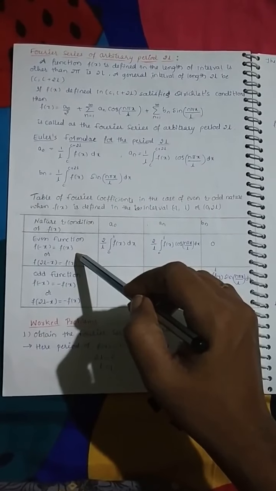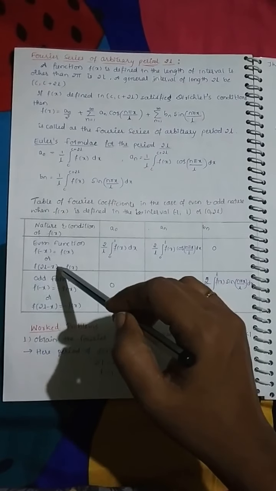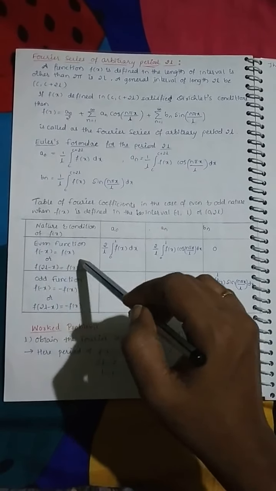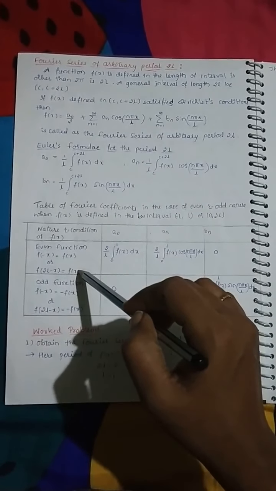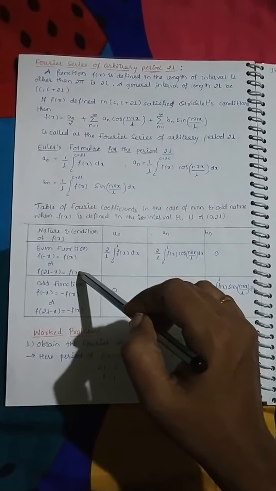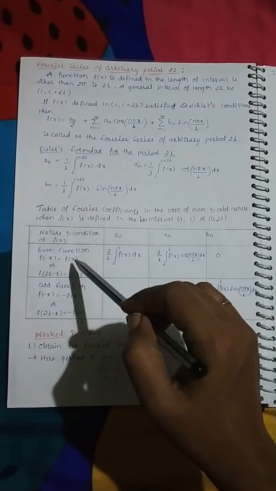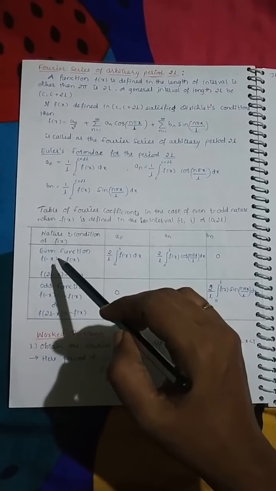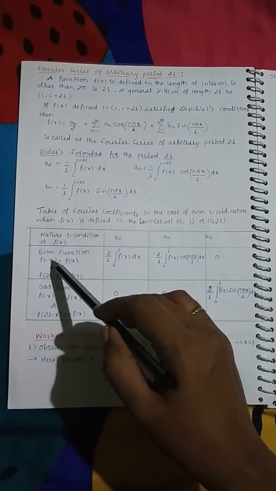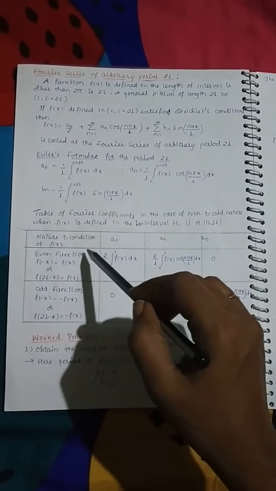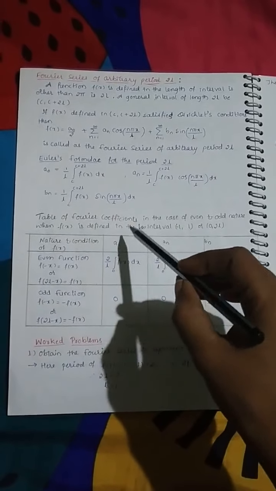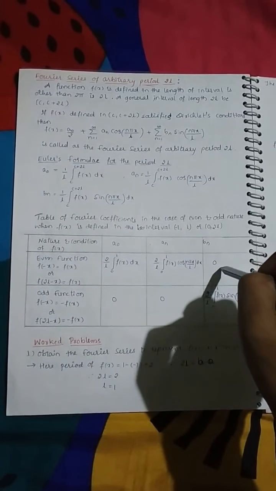When the function f of x is defined in the interval 0, 2L, we check the nature of the function by substituting x equals 2L minus x. If the interval is minus L to L, we check the nature by substituting x equals minus x. In that case, if the function is even, then the bn coefficient becomes 0.